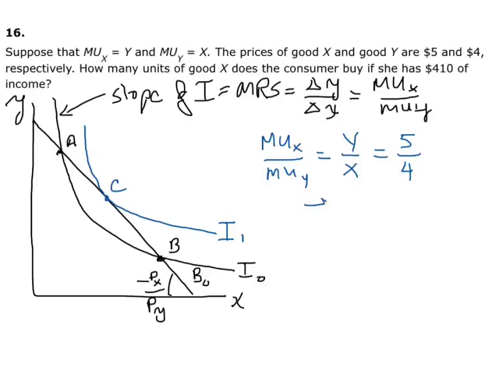Another way to put that, I'm just going to multiply through by x to show that y is always going to be equal to 5/4 times the amount of x we have. All right, well, do we know anything else about this situation that would help us solve? Because right now there's an infinitude of points that will satisfy this relationship.